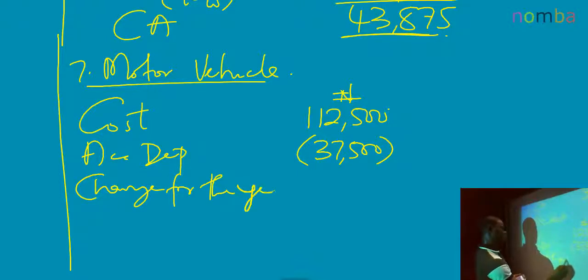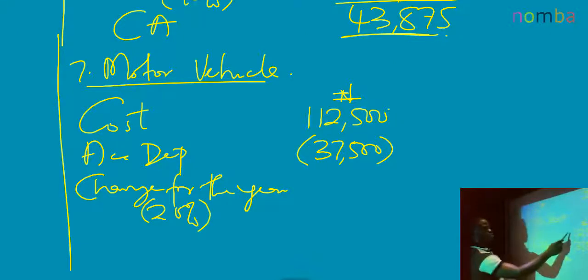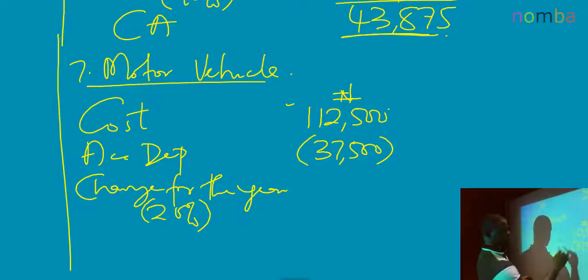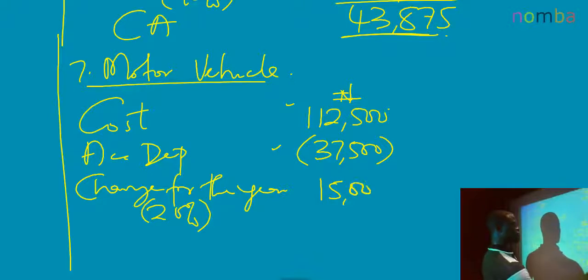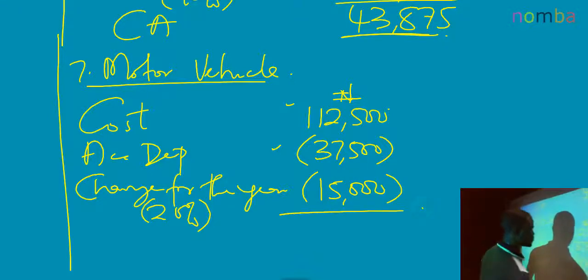Then the charge for the year, which is 20% on the carrying amount, and the carrying amount to be 112,500 minus 37,500. That will give me 75,000. Okay? We are pressing your calculator. 112,500 minus 37,500 gives me 75,000. So if you multiply this 75,000 by 20%, it gives me 15,000. So this 15,000 is the charge for the year.